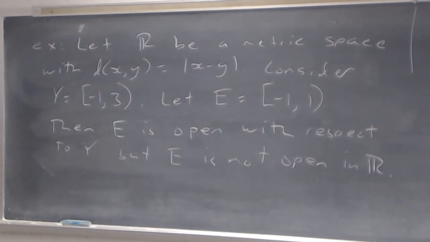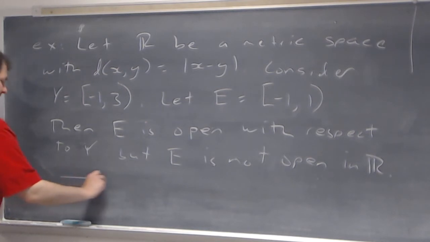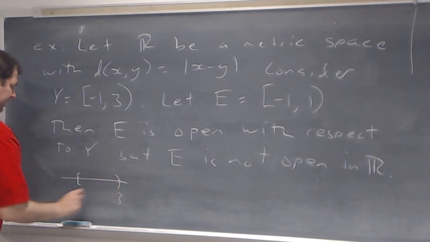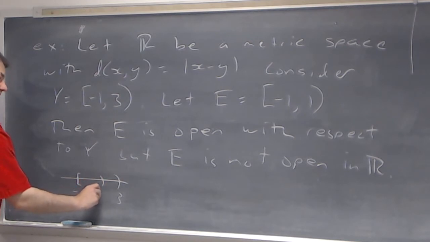So essentially, every point of E is an interior point with respect to Y, but it's not an interior point with respect to R. And the reason is, if we think about the real number line, here's Y, it goes from -1 to 3, and here's E up to 1.